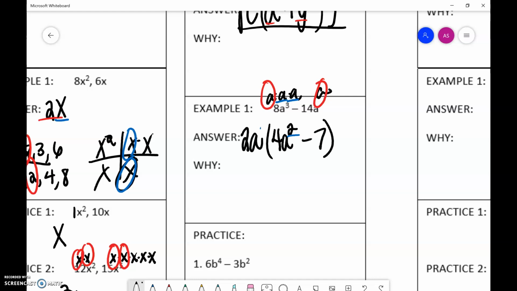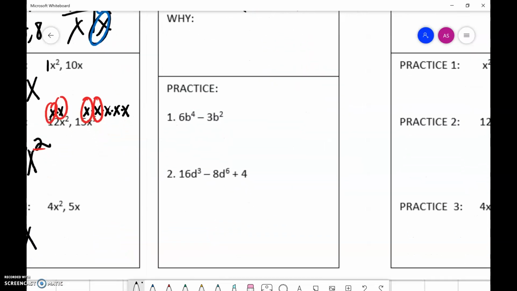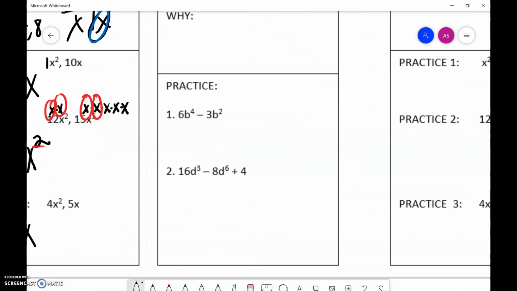All right, go ahead and try these at the bottom. Pause the video, try to do those on your own, and press play when you're ready. All right, let's look at it. Out of 6b to the 4th and 3b squared, my GCF is going to be 3b squared. Make sure you take the square. I had a lot of people today just writing 3b or just writing 3.